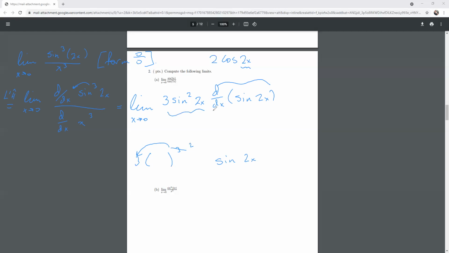Then we multiply by the derivative of the inside, which is the derivative of sine of 2x. That's the inner function. The derivative of the sine results in cosine. And then we multiply by the derivative of the inside, which is 2.